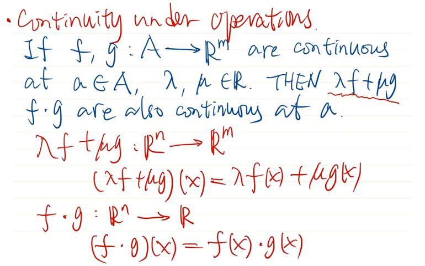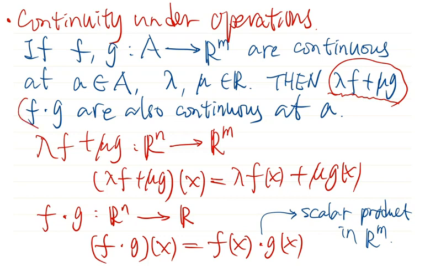Both f(x) and g(x) are elements of Rn, so this is a scalar product in Rn. So I explained to you these two functions involved in the statement of this result. Now we'll prove this result.